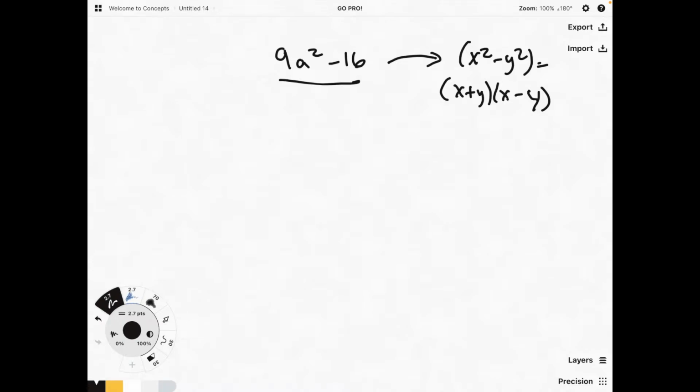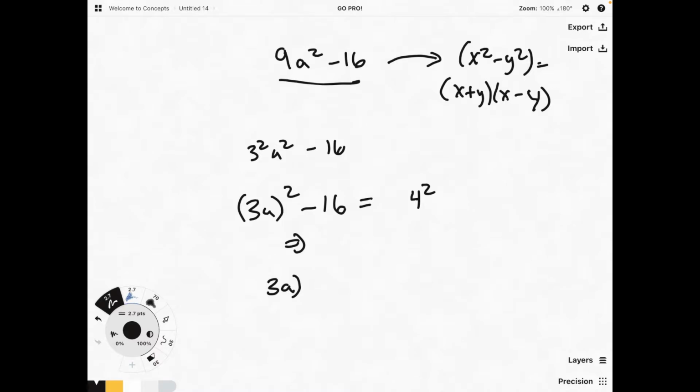So if we wanted to, we can rewrite this as 3 squared a squared minus 16. Now, we also know that by our rules of exponents, we can do (3a) squared minus 16. We also know that 16 is a perfect square, which can be written as 4 squared. And so therefore, this problem can be written as (3a) squared minus 4 squared.